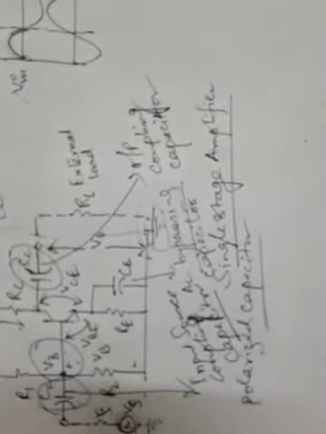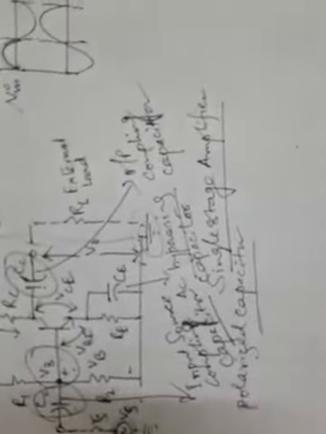Now if IC is increased, obviously the voltage drop across RC will increase, and the collector voltage VC is VCC minus ICRC. If ICRC is increased and VCC is constant, then VC, the collector voltage, will decrease. So if the input signal increases in positive direction, the output signal goes in negative direction.